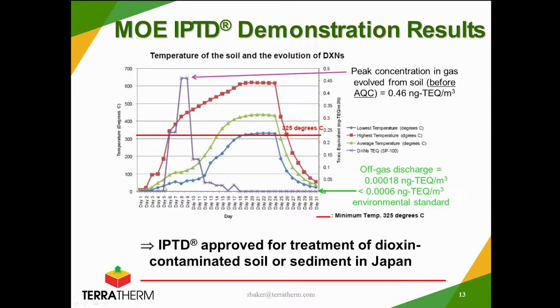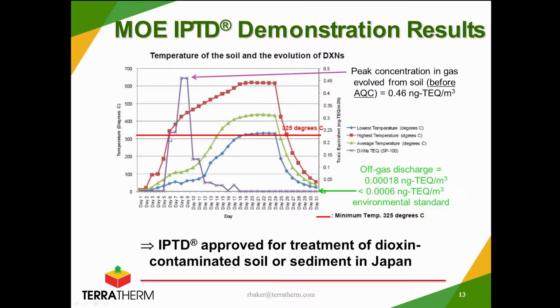The peak concentrations evolved from the box, but ahead of the air quality control system, are shown by this curve. We can see the concentrations began to go up at the time that the hottest locations first broke above around this 300 C temperature.